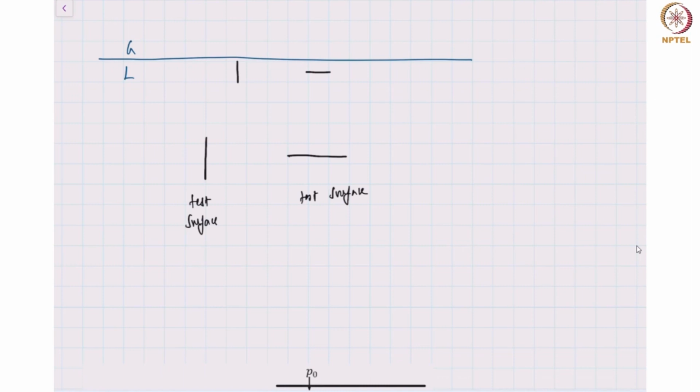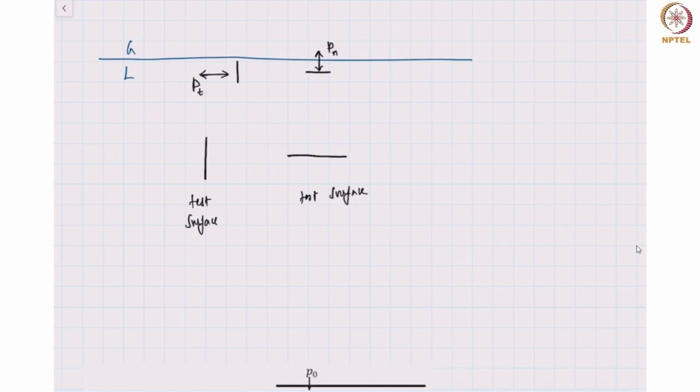The force we have, we will refer to as P tangent. Whereas if the test surface is horizontal, meaning its normal vector is normal to the interface, we refer to the pressure as Pn and ask what is the direction of this Pn.